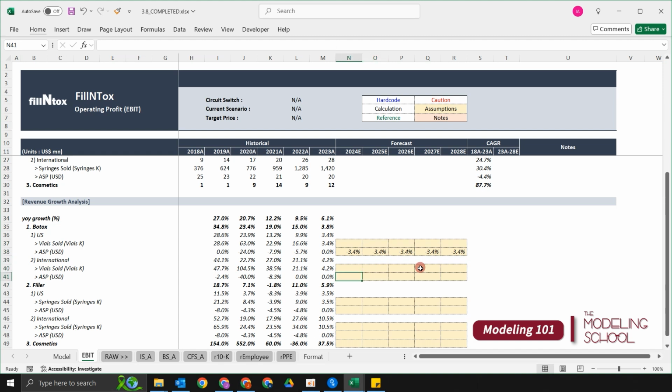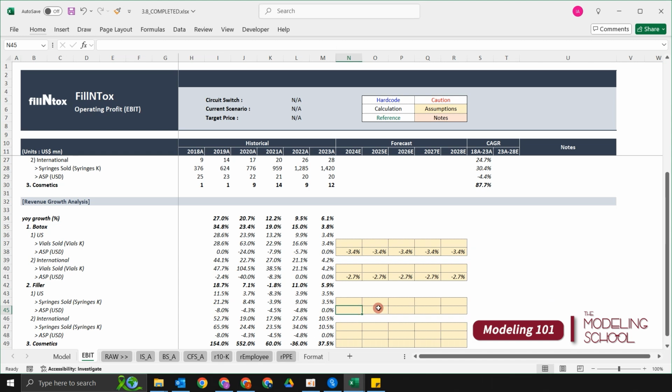Same for international Botox as well, equals average. We're going to exclude 2020. So it will decline by 2.7% each year. For fillers as well, in this case, the outlier seems like 2019.